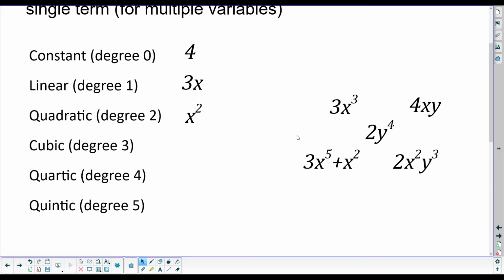So degree 2. Degree 3 is called cubic. Okay, and it's cubic because if we were to find the volume of a cube, we would multiply the length times the width times the height. And so if all of those were x, it would be x times x times x, x cubed. So it's the volume of a cube.